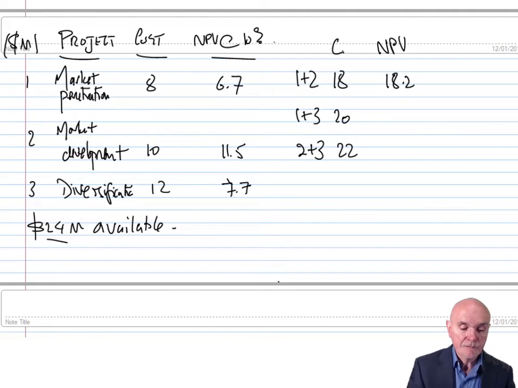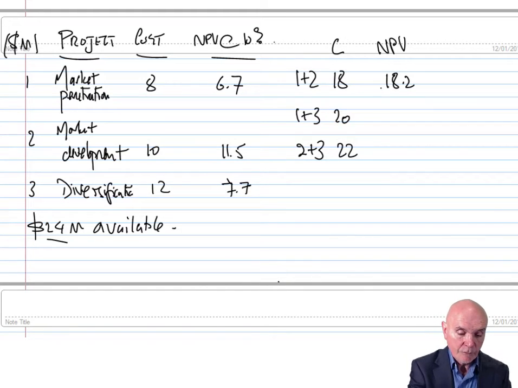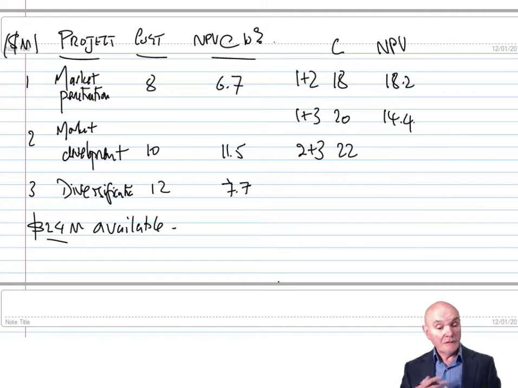This is the cost. And then we have 1 plus 3, that's 6.7 plus 7.7. That looks at 14.4. Yep, 14.4.